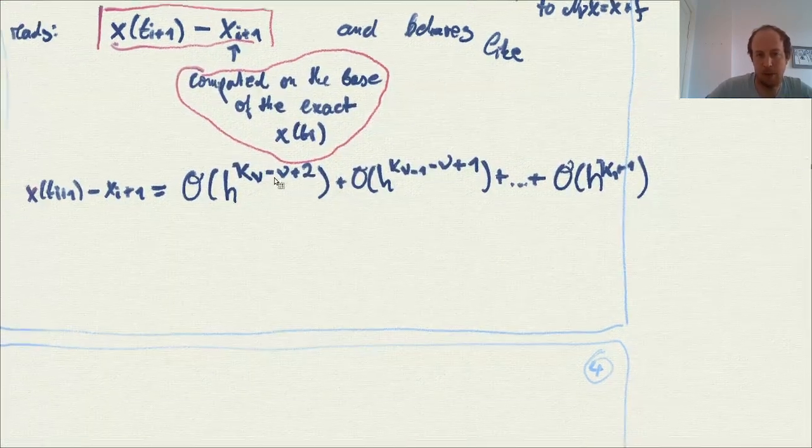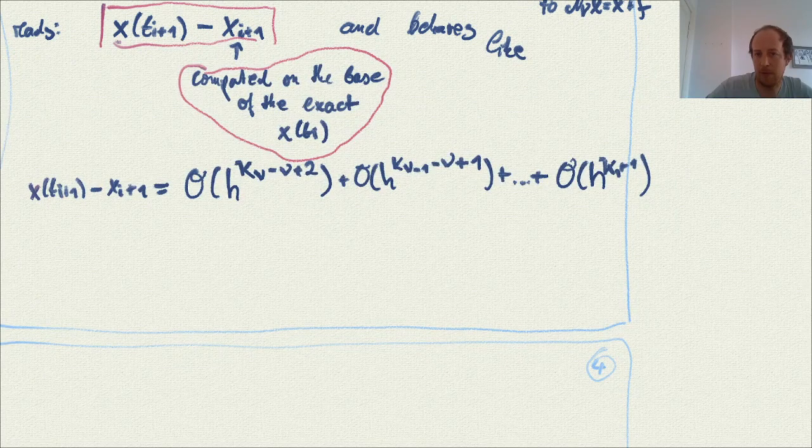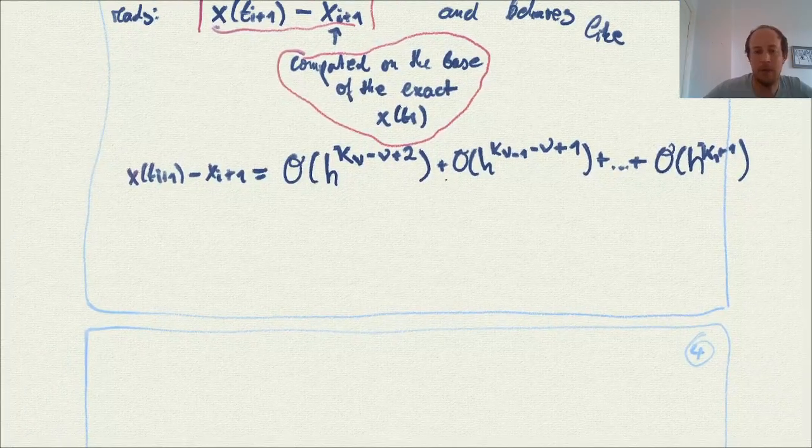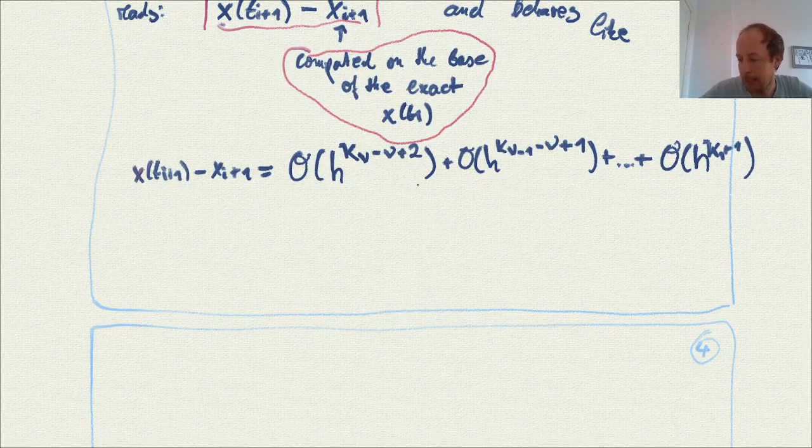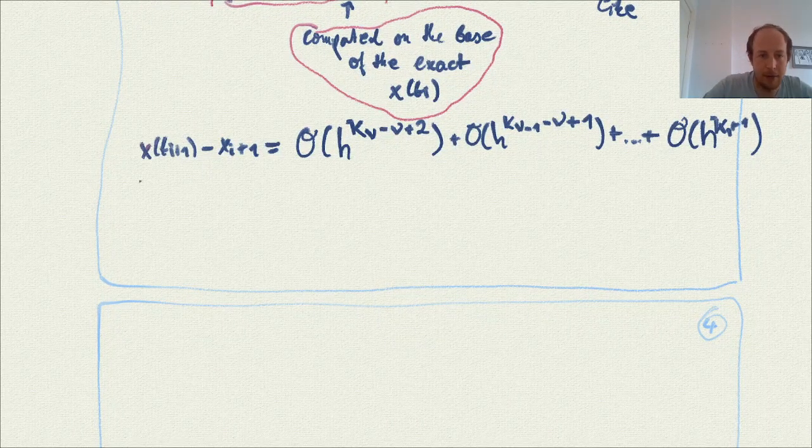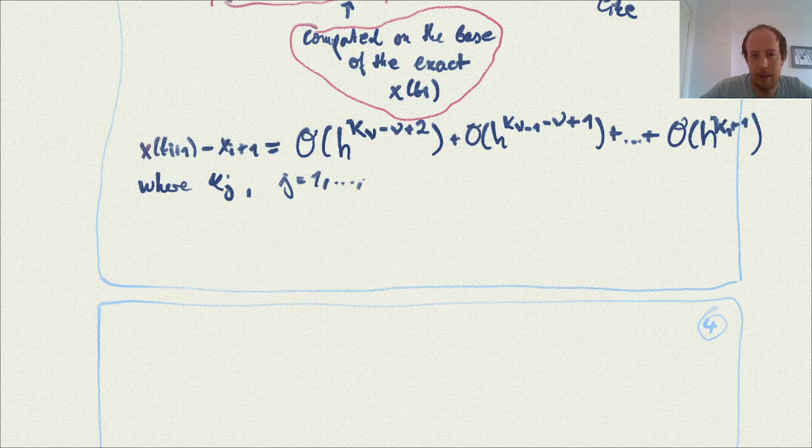And you see similar things here with this kappa, but you also see the index nu, so this somehow relates to the index as well. And this kappa_j we have to define, where j ranges from 1 to nu, so kappa_1, kappa_2, up to kappa_nu.